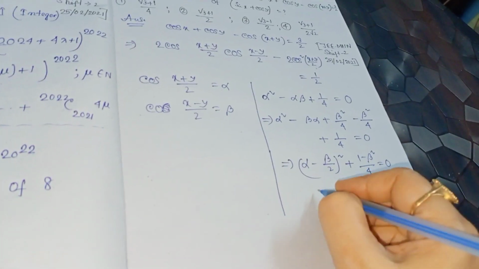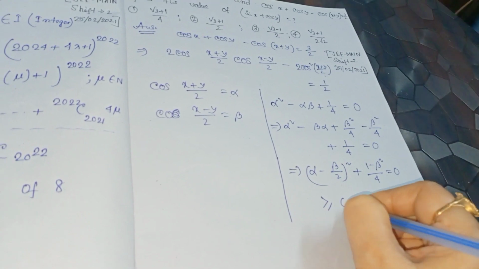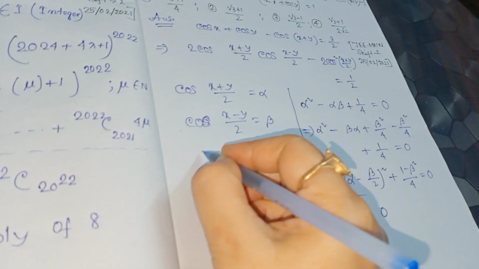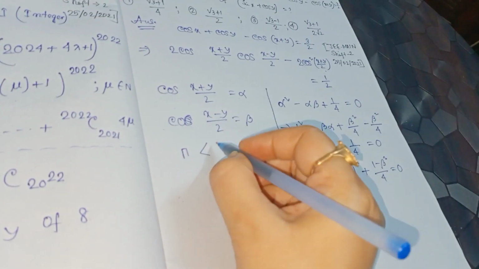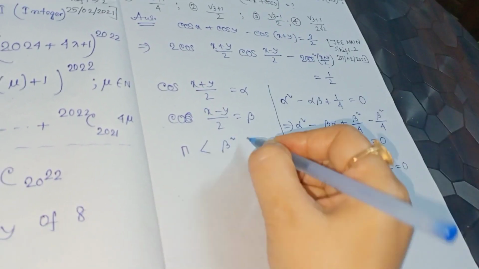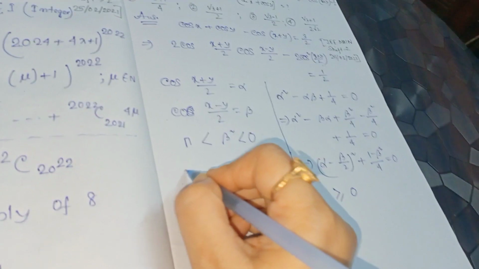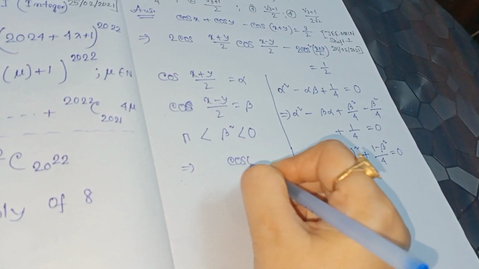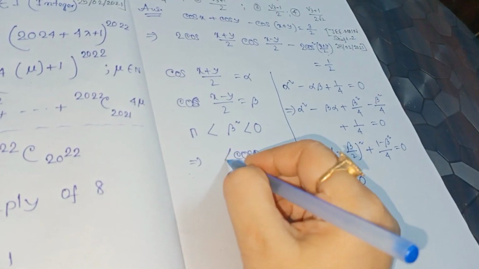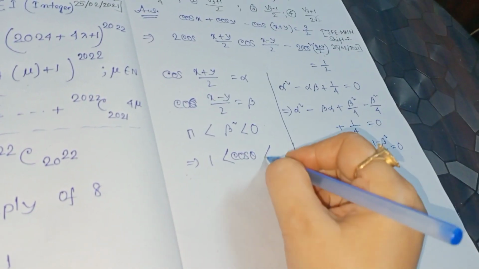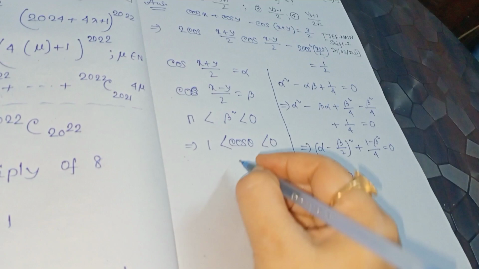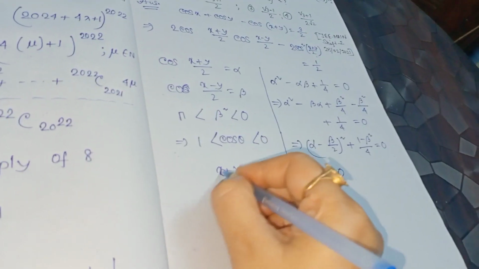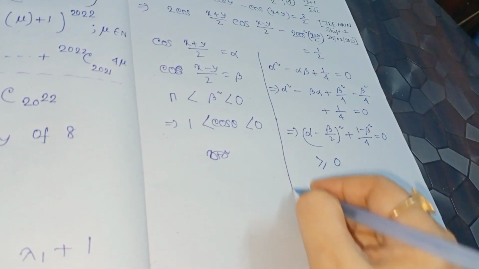So it is greater than or equal to 0. Now here beta lies between 1 and 0, therefore cos of (x plus y) by 2 lies between 1 and 0.